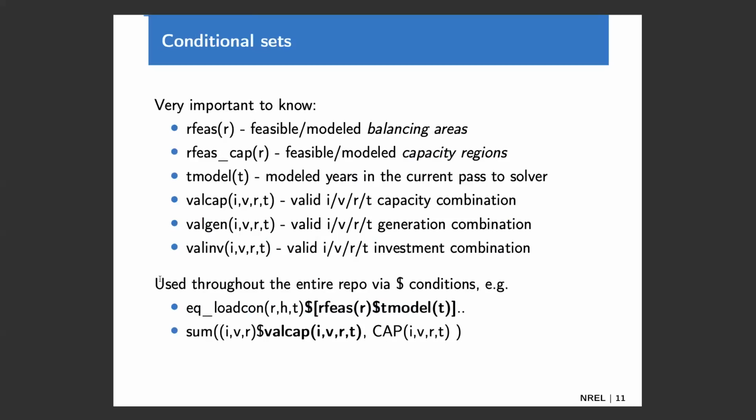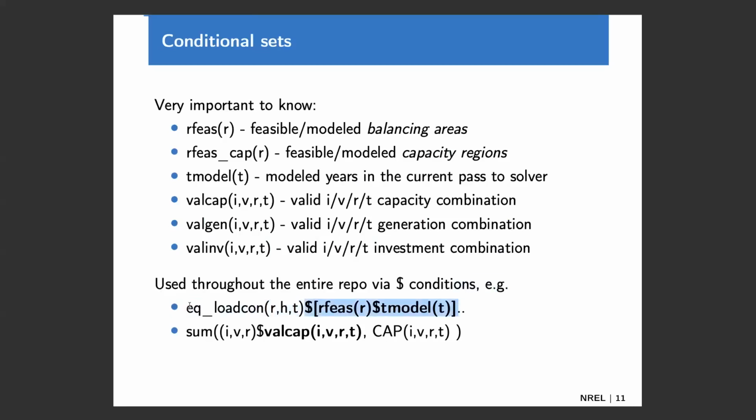These are used heavily throughout the model. You'll get very used to them after doing a bit of work on the model. For the most part, these are used throughout the entire repo via these dollar conditions in GAMS. GAMS uses these dollar conditions to say, if it's on the left-hand side of an operation, only do this operation over these IVRT combinations if these are true.